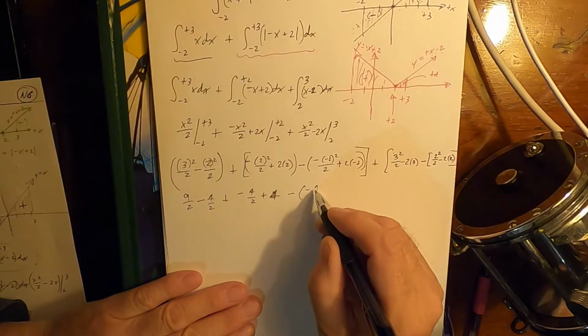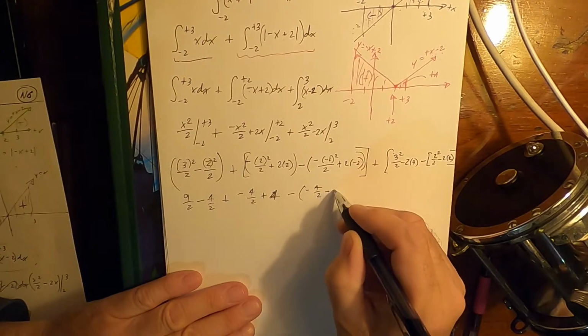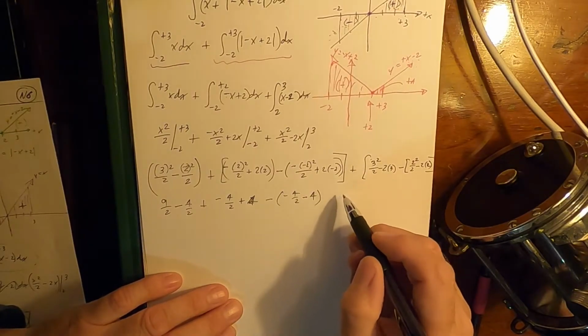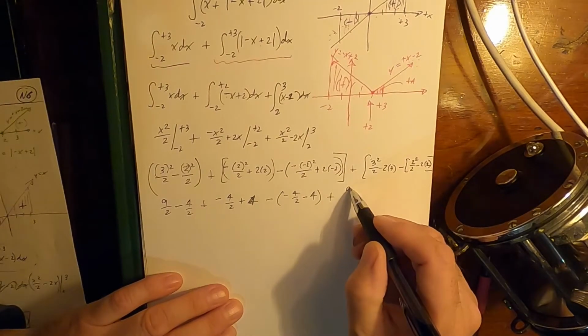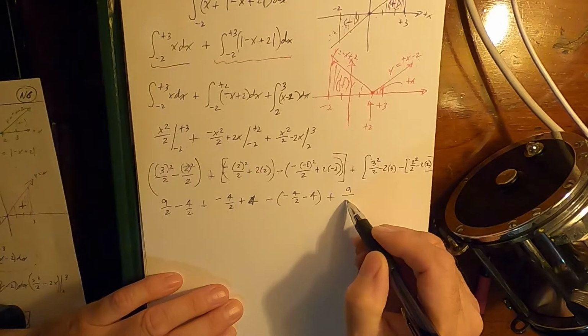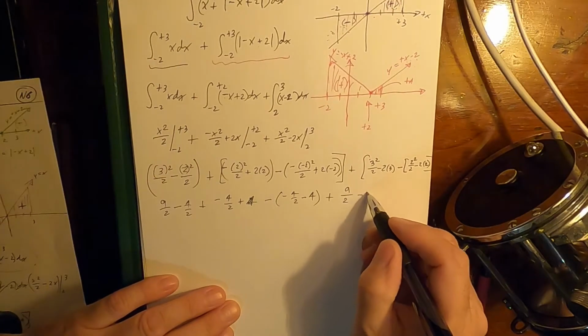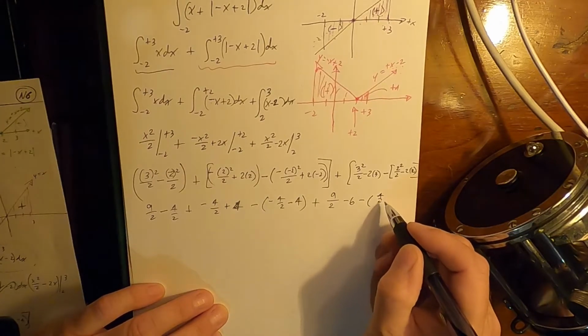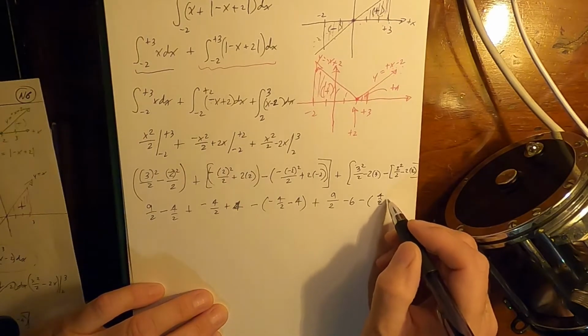So a minus 4 over 2 minus 4, okay? And then here I'd have plus 9 over 2, okay, minus 6. And then minus all this stuff, which would be 4 over 2, okay, minus 4.